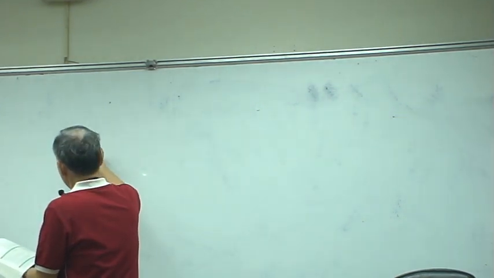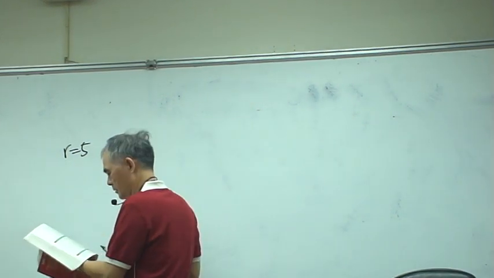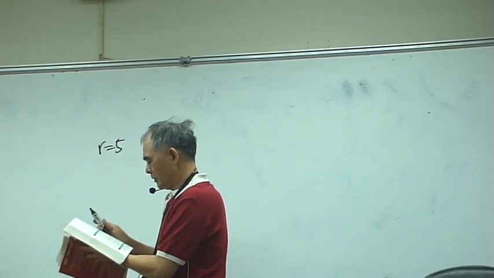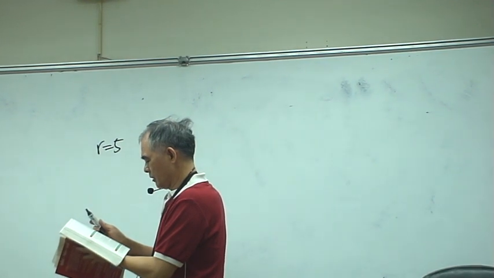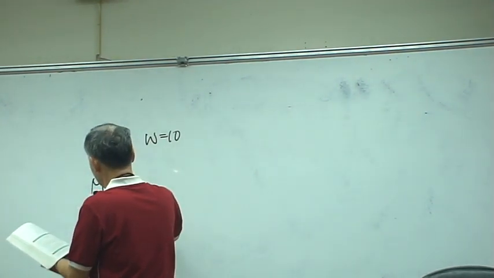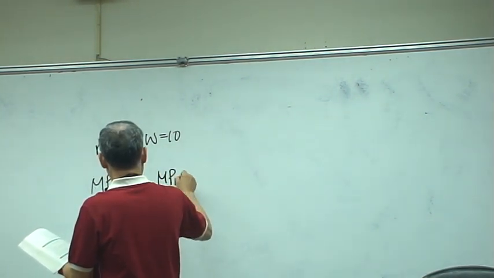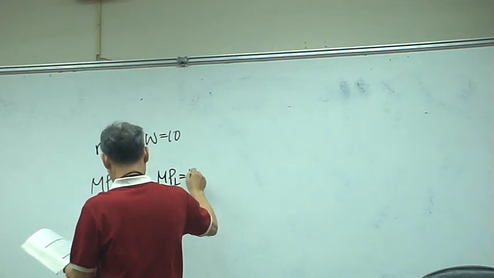R equals 5, W equals 10, okay? And so with the firm's current input mix, the marginal product, MPK is equal to 10, MPL is also equal to 10.